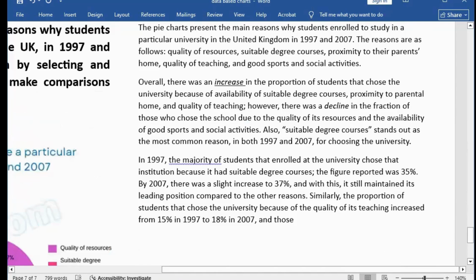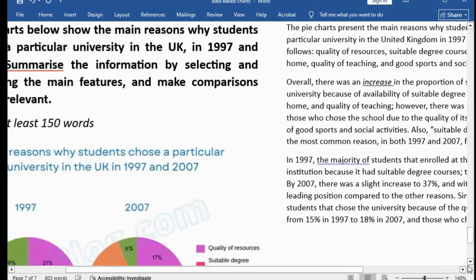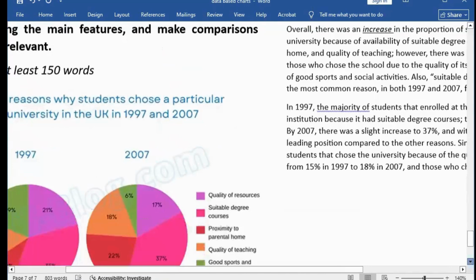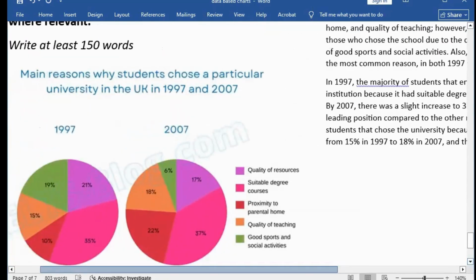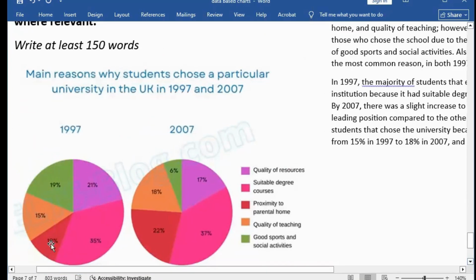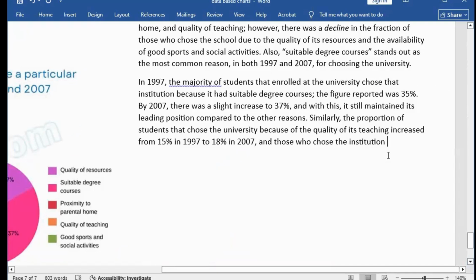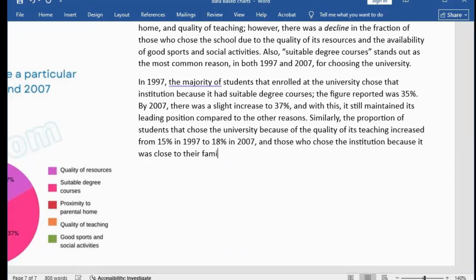And those who chose the institution, so this red one is going to be proximity to parental home, okay? Those who chose the institution because it was close to their family home increased from what?